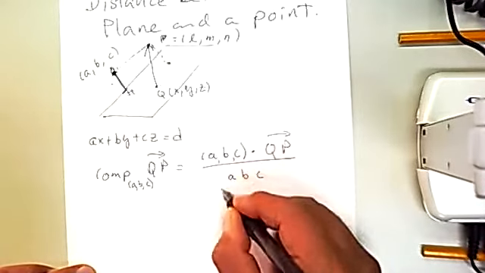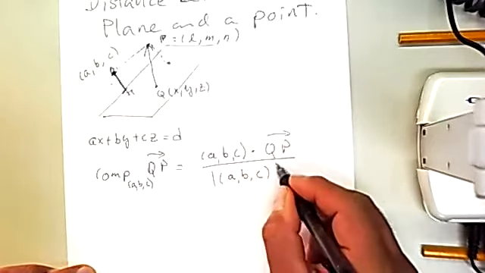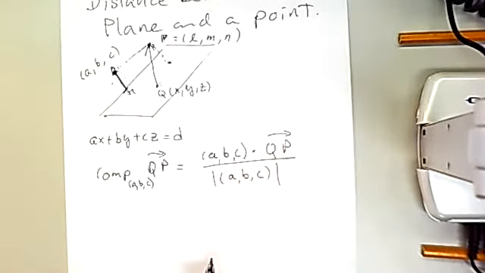ABC is a vector, and we're going to find its magnitude.